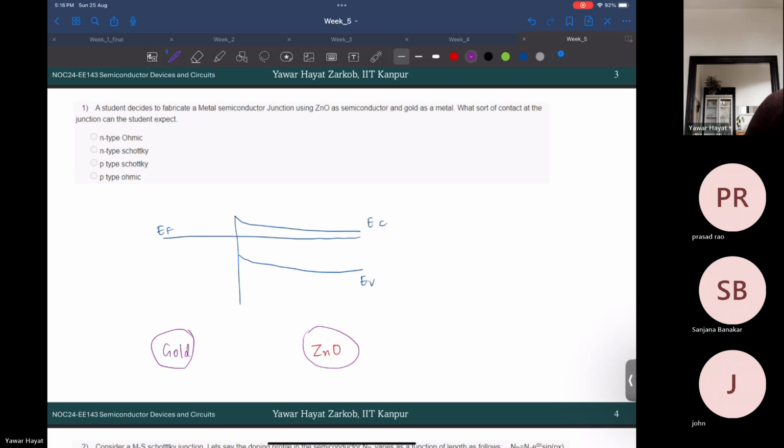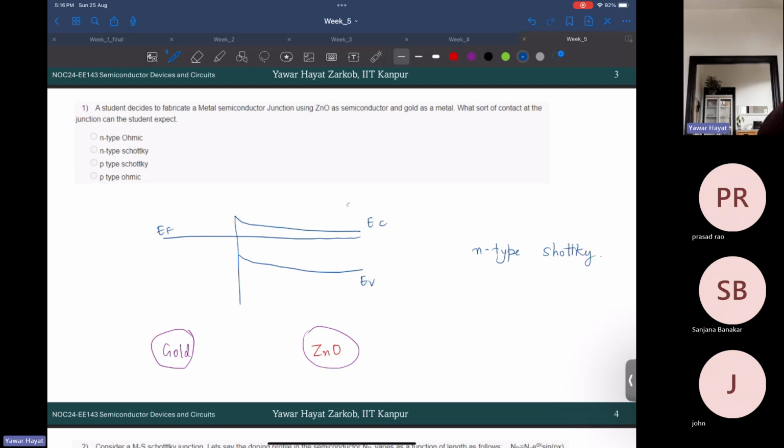Fine. So I'll write this as, this would be an N-type Schottky.